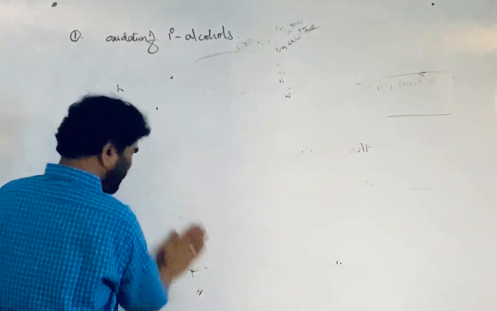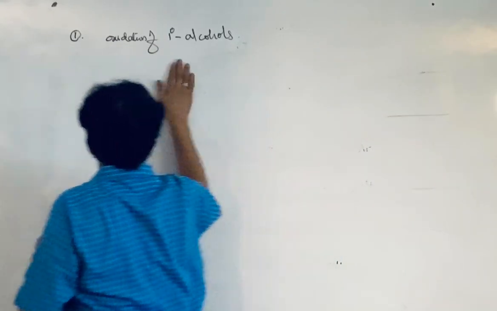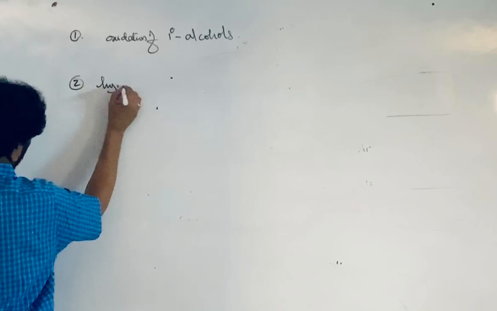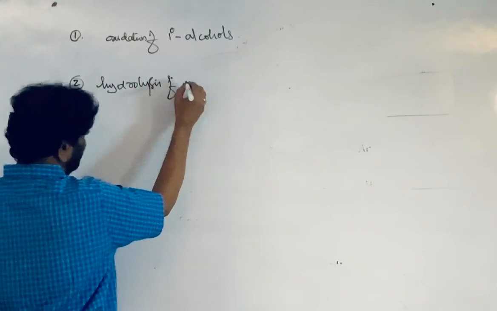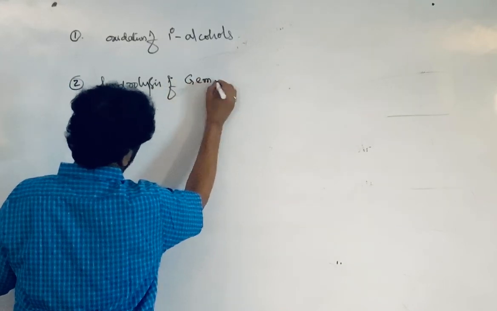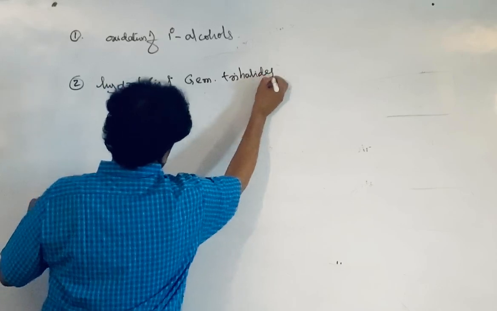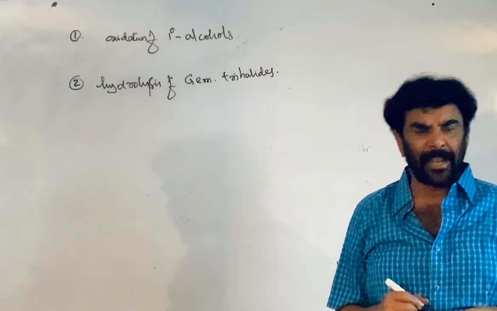The second way to prepare a carboxylic acid is the hydrolysis of geminal trihalides. A trihalide contains three halogen atoms.